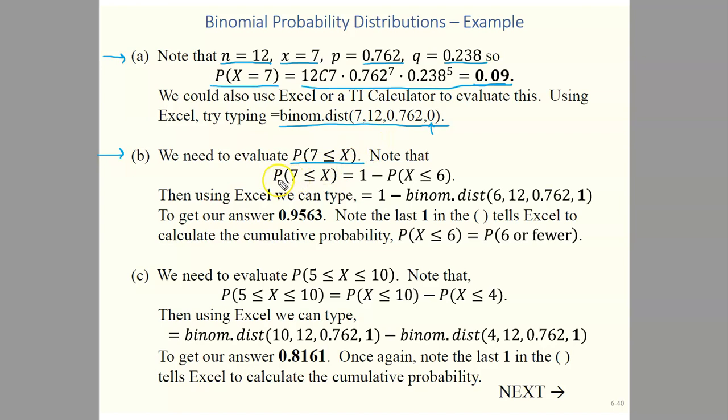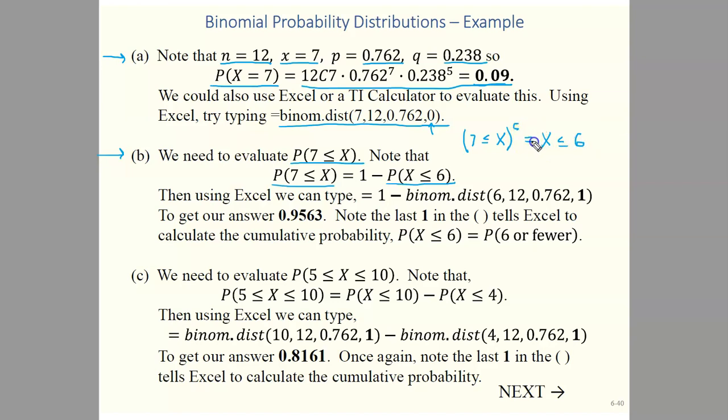So notice that the probability that x is bigger than or equal to 7 is going to be 1 minus the probability that x is less than or equal to 6, right? You see, if I say x is bigger than or equal to 7, the complement of that event is x is less than or equal to 6, right?